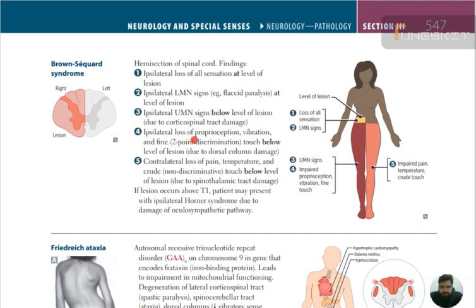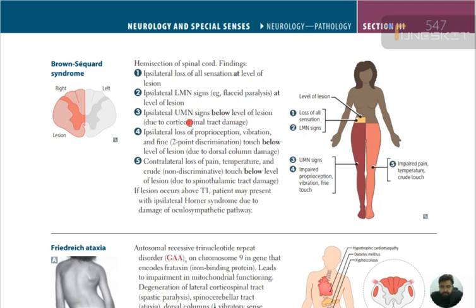There is ipsilateral loss of proprioception, vibration, and fine two-point discrimination touch below the level of lesion due to dorsal column damage. As you can see, this half of the spinal cord shows all the tracts we discussed, like corticospinal tracts and dorsal column, and you can see spinothalamic tract damage.